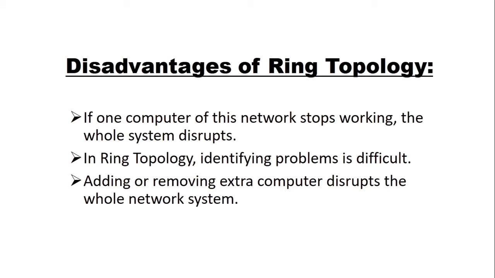In ring topology, identifying problems is very difficult, and adding or removing an extra computer disrupts the whole network system. So you can't add or remove any extra computer as you want, so be careful. Okay, so you have to remember this for ring topology. This is a big disadvantage of ring topology.